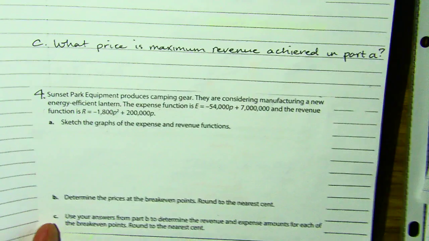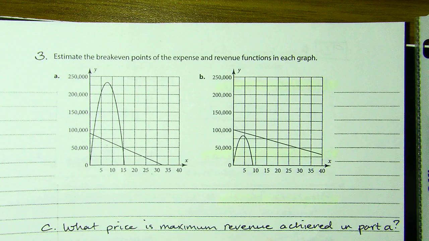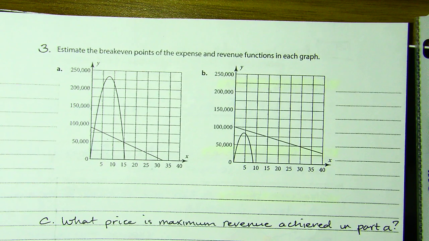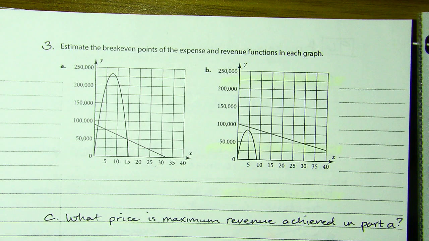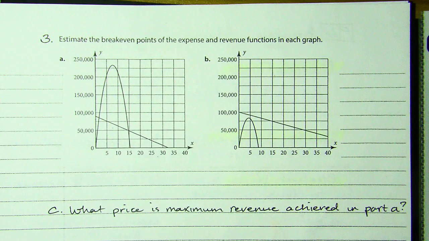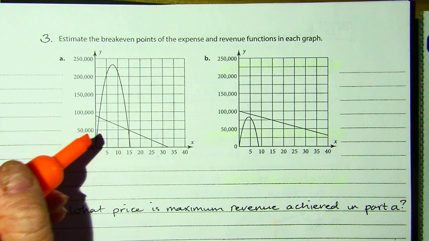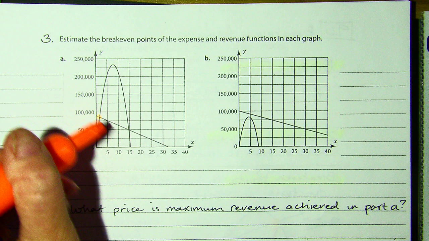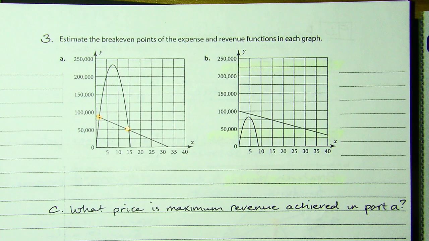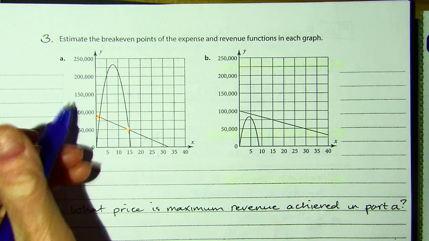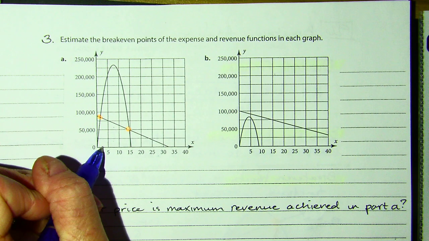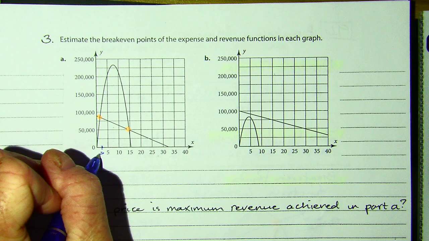All right, so number 3, estimate the break-even points of expense and revenue functions in each graph. So again, we are going to be estimating. I believe the one on your homework has really nice places, but we're estimating the price for these two spots here. Okay, so this one, if this is 5, halfway would be 250.